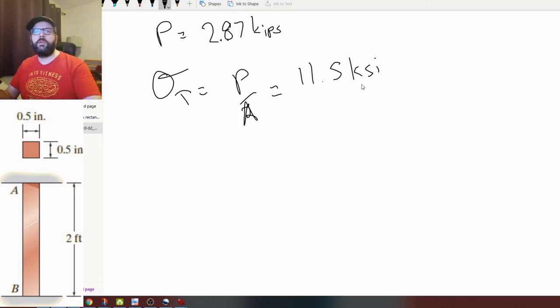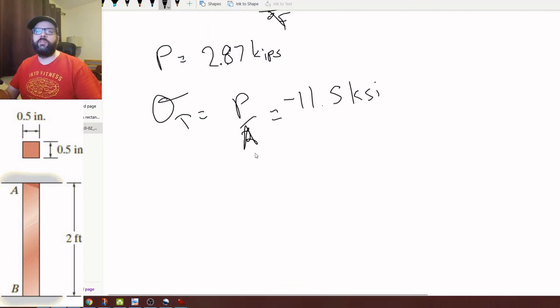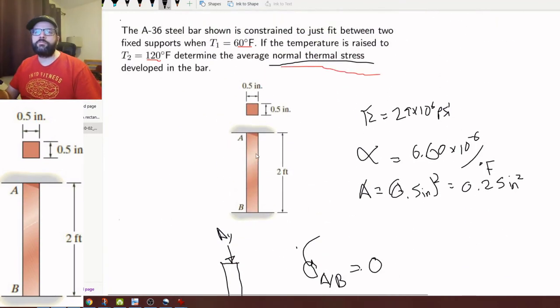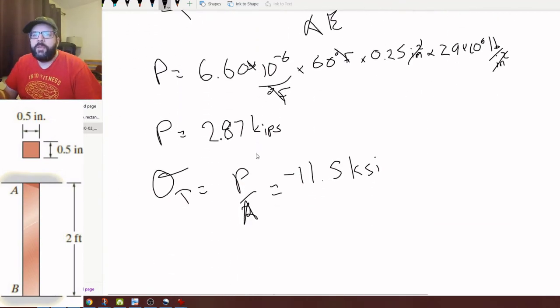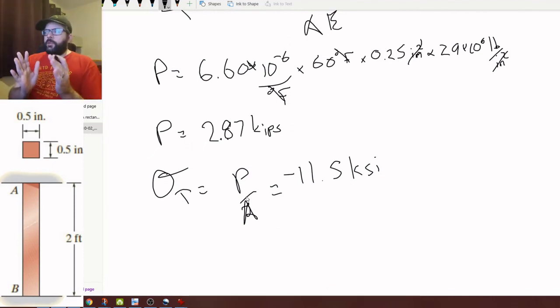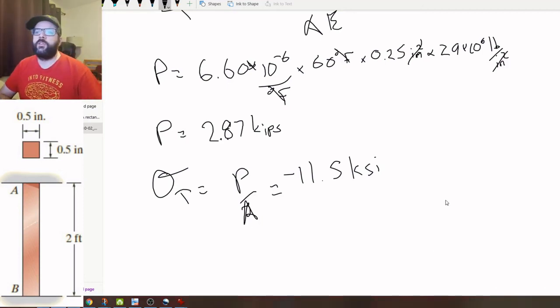And that is a negative thermal stress because it is a compressive force. The thermal expansion is going to want it to expand, and in order to resist that expansion, we need a compressive stress induced on the object. So yeah, that's that.